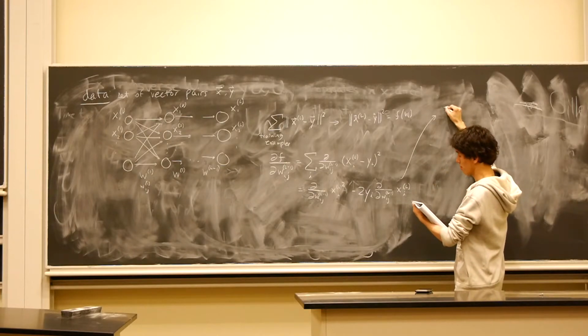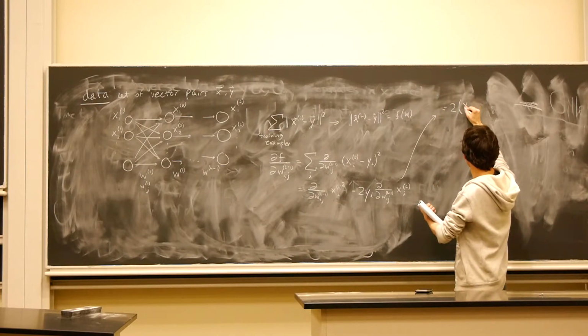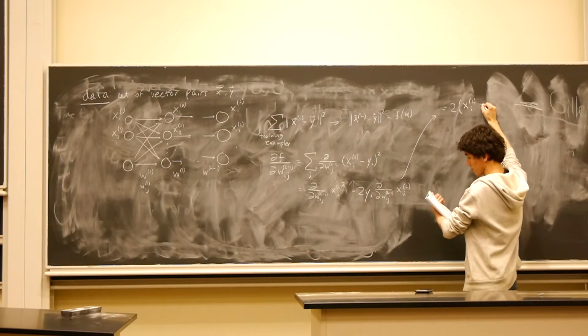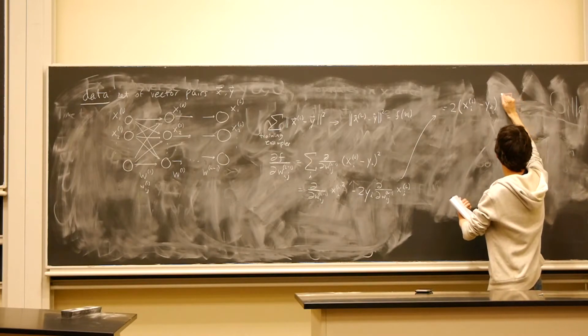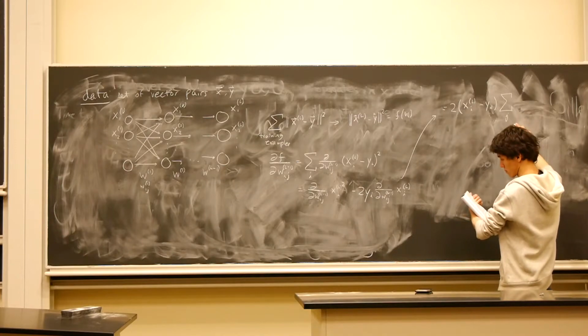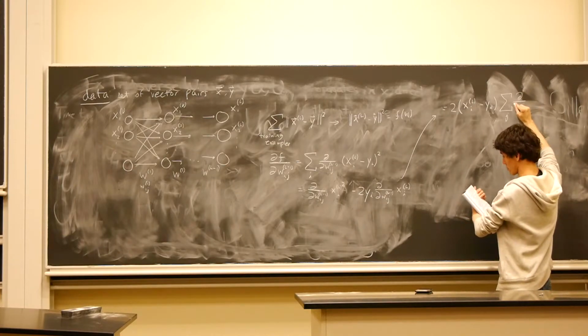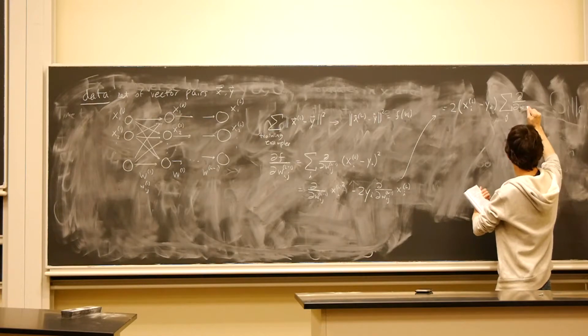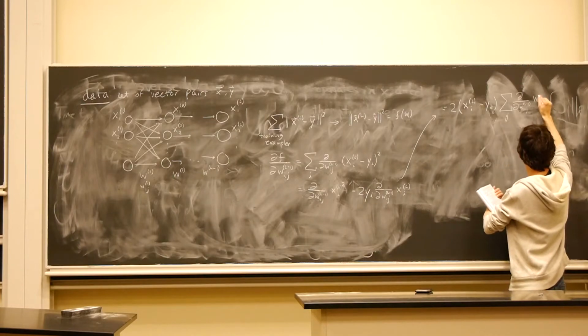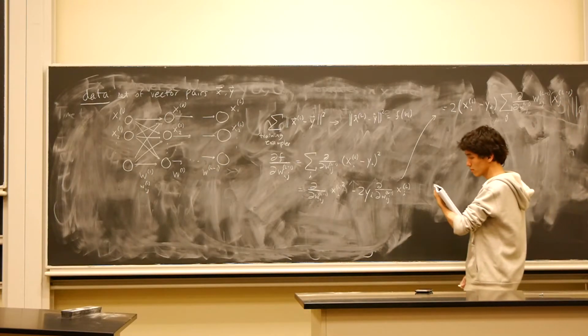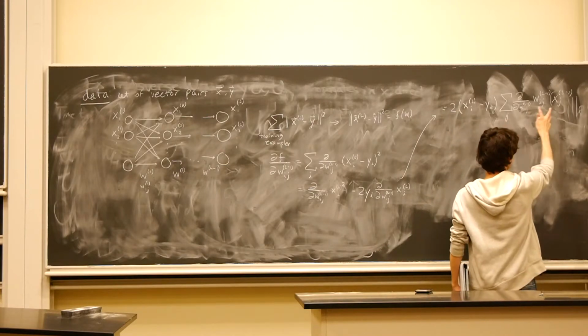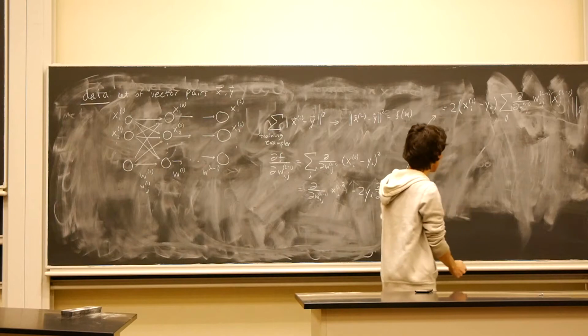So I get, and this weighted sum is just equal to xi to the L, right?